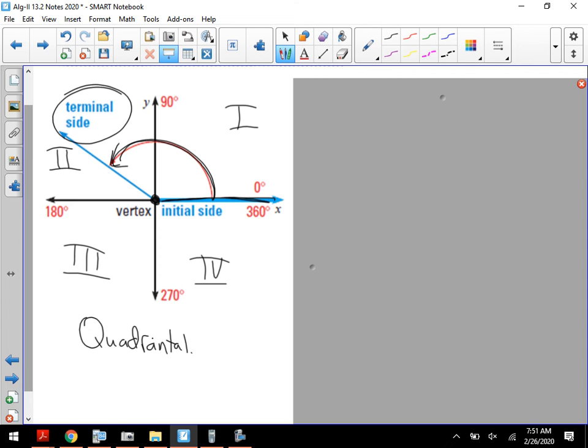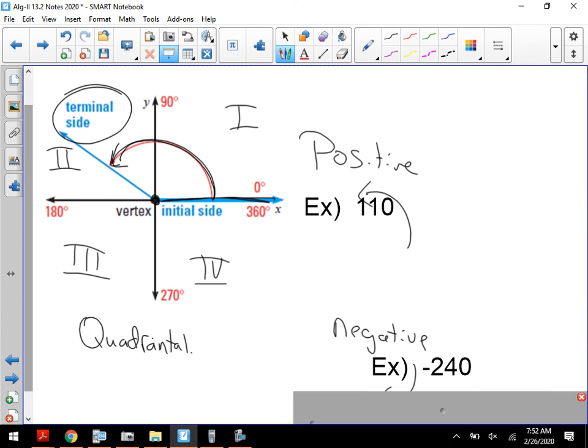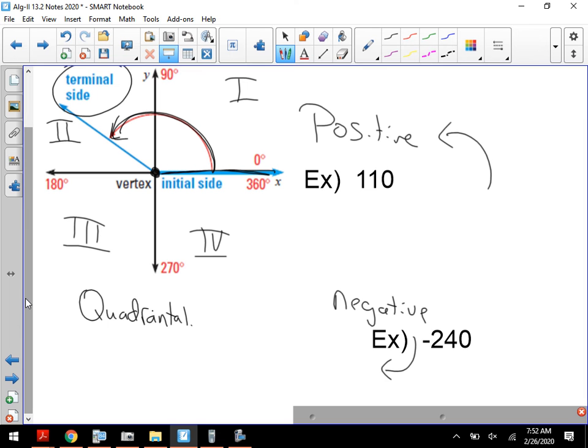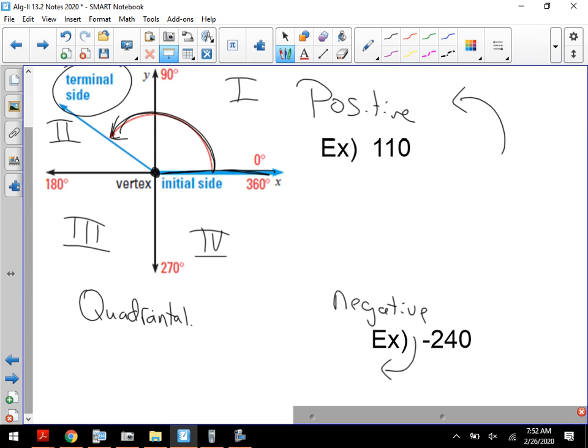Okay? So what I want to look at is how do you draw and place 110 degrees? So if I want to look at a positive 110 degrees, I know that positive angles open to the left. So what I would do is just draw an axis. And it's nothing too crazy.